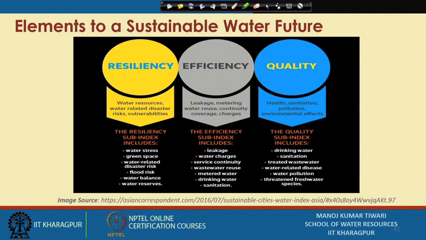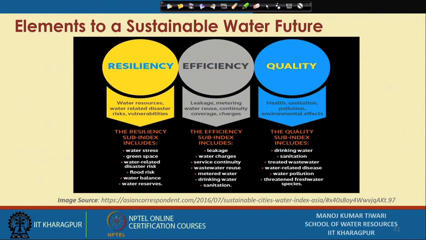All these are covered under resiliency. It can be sub indexed as well. So, resiliency will have water stress or water scarcity, green space, water related disaster risk, flood risk, water balance, water footprint, water reserves. All this will come under resiliency.